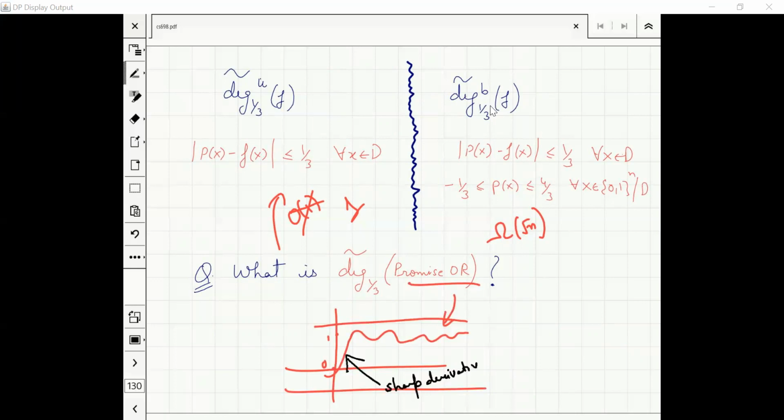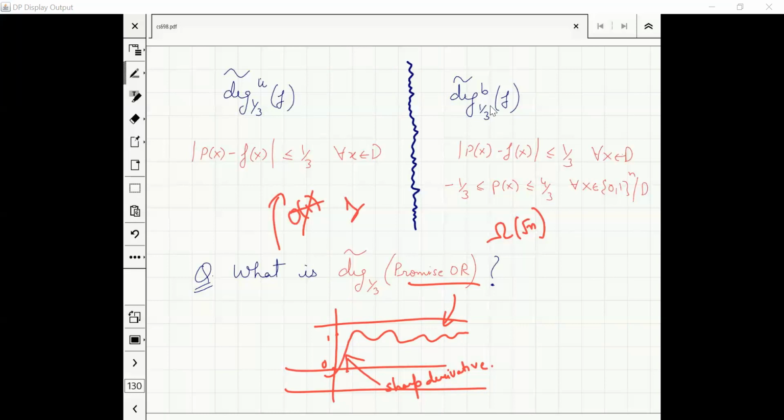And the sharp derivative will come from the gap between 0 and 1, because the function value changes between 0 and 1. And then if you take any function which satisfies these conditions, it should have approximate degree at least omega.